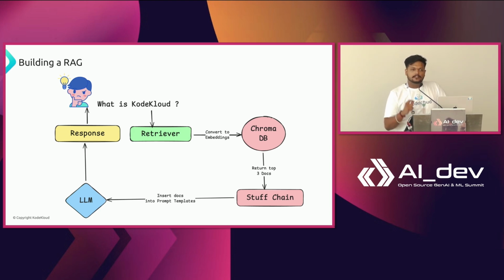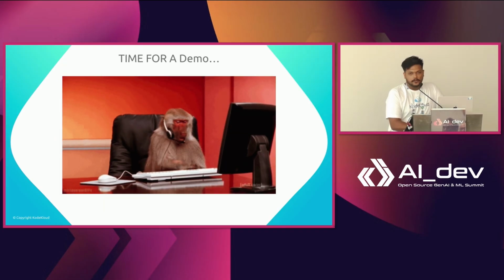That returns the top 3 documents relevant to the prompt the user has passed. Finally, that prompt is stuffed and passed into the LLM model, and the LLM model provides the response, what KodeKloud actually is. So this is how we are going to build a RAG system. Time for a demo. All right.